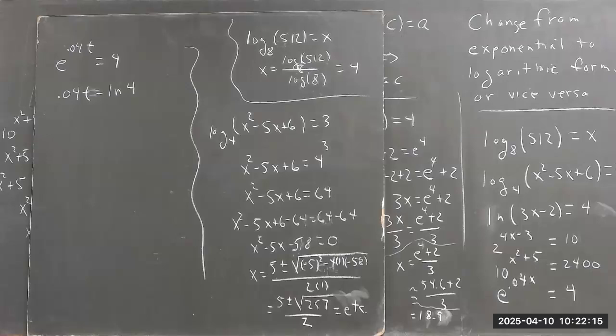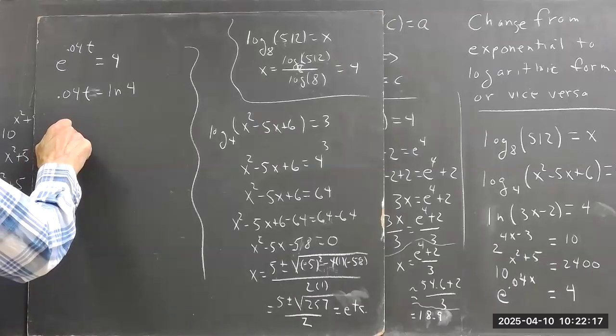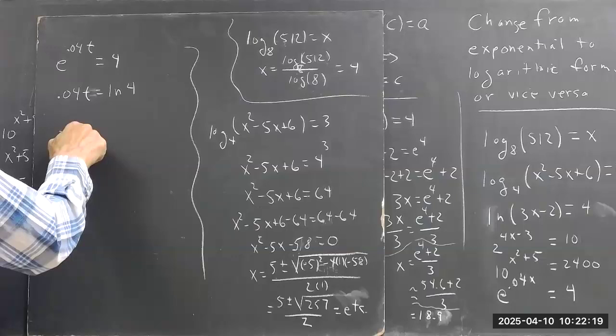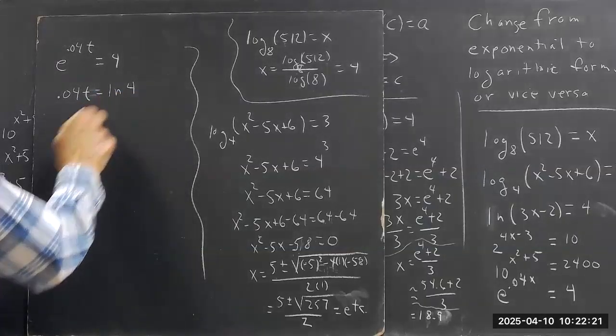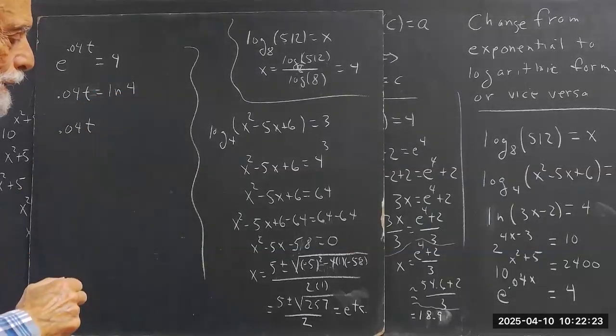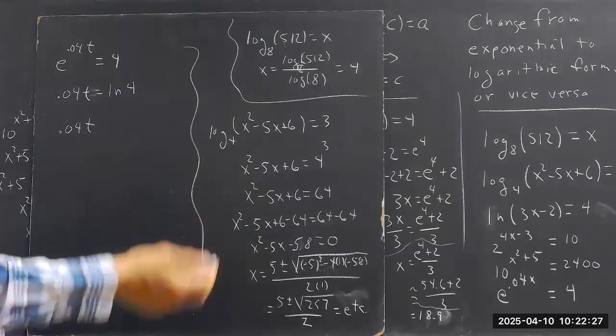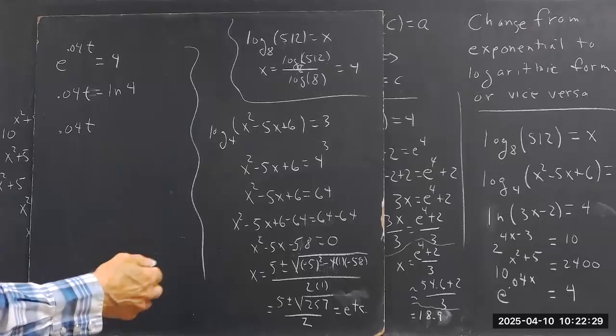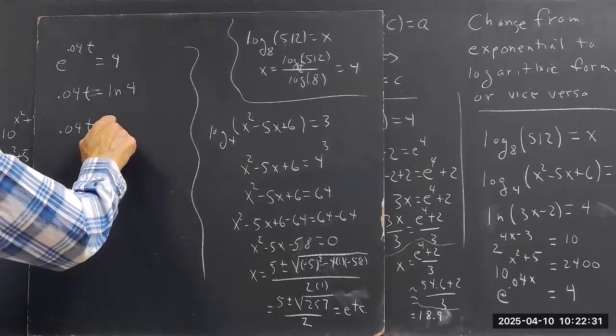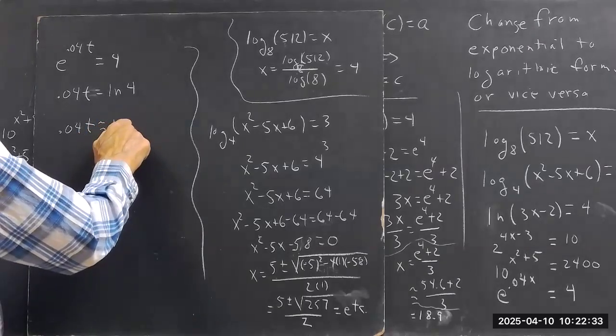Okay. Now, what's the natural log of 4? Well, e's like 2.7. e squared is like 7.2. 4 is a lot closer to 2.7. I'm going to say this is approximately equal to 1.